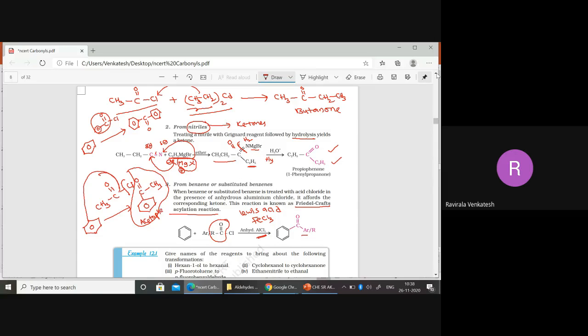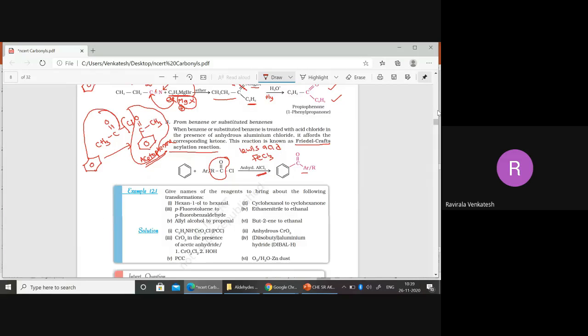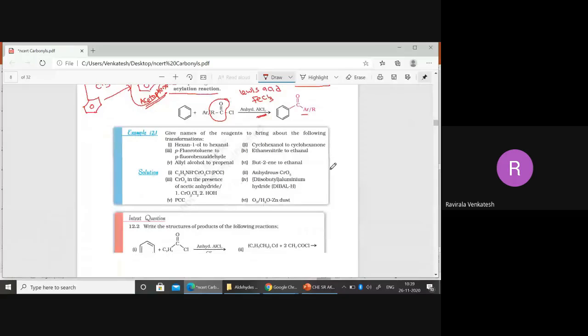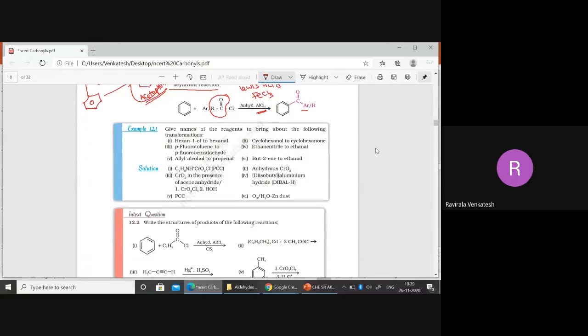Acetophenone is very, very important. This one will be what? Benzophenone. So acetophenone and benzophenone are very, very important products here. So this is about what? Preparation of only aldehydes and only ketones here. Understood? Now, this is the exercise for you.